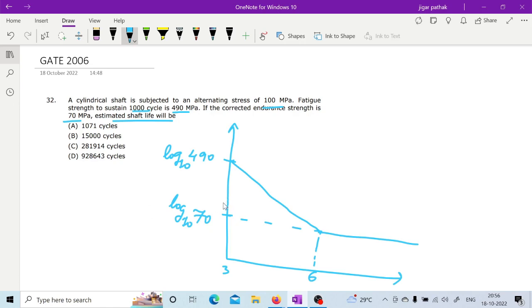So 100 megapascal they are asking, right? So 100 megapascal will be log 10 100. For that you have to calculate this n.